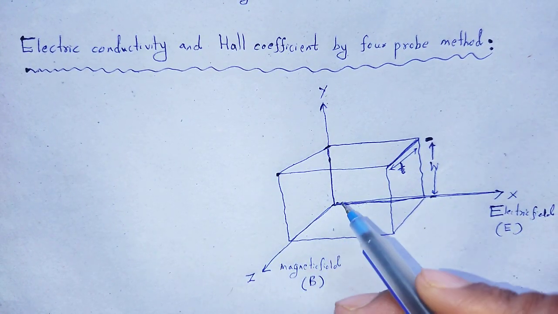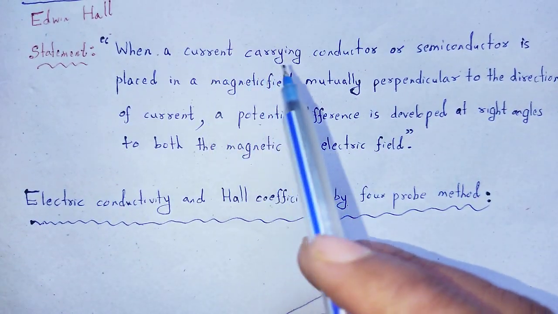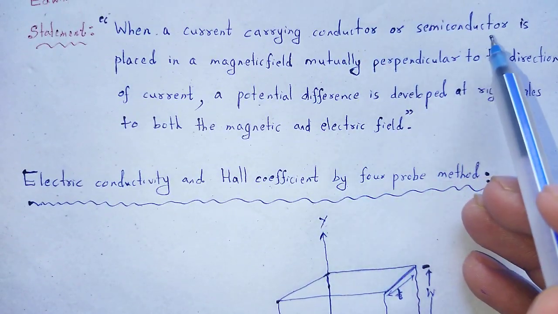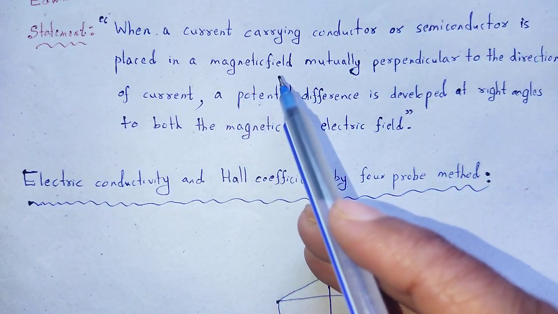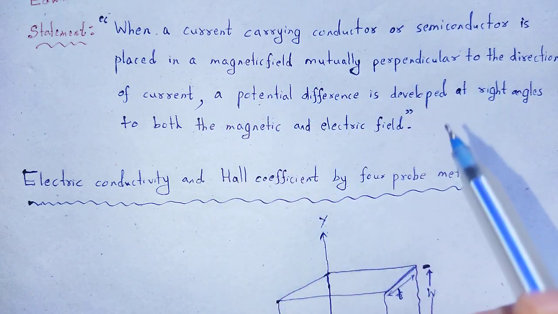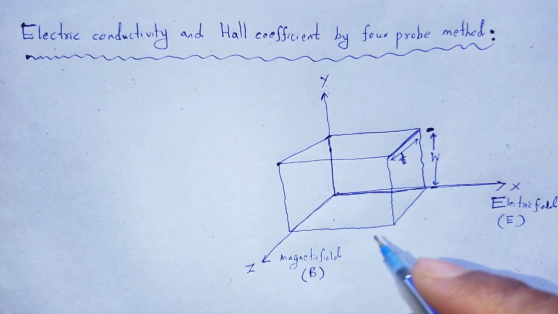So, electric field and magnetic field are both mutually perpendicular to each other. A current carrying conductor or semiconductor is placed in a mutually perpendicular magnetic and electric field. You supply the current.